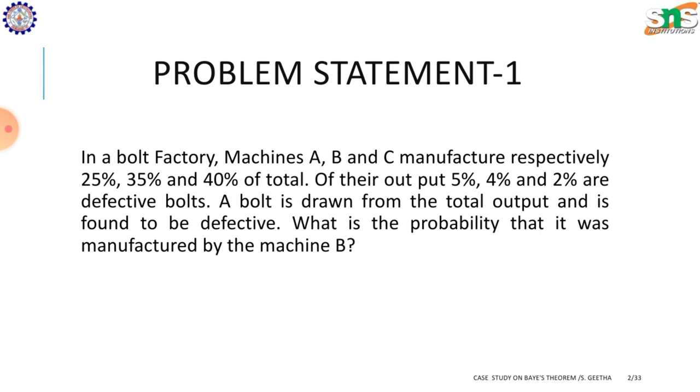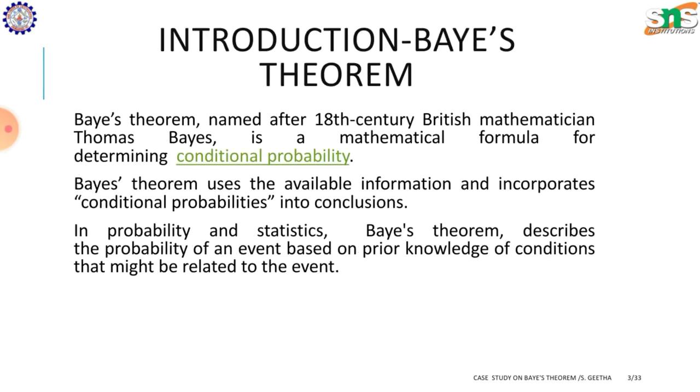Now we are going to check the probability that it was manufactured by machine B. To solve the above problem, we are going to use Bayes' theorem.